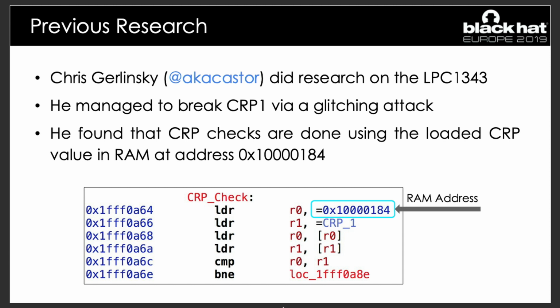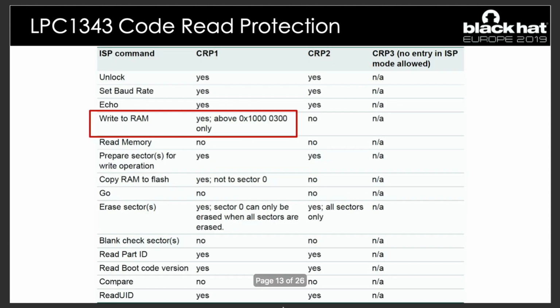Also, Chris found that the code protection, like in any other device, is configured in some area and some address in the flash, and it gets loaded inside the memory address 184, and then it compares this address 184 with the actual configured code protection value to decide if the code protection is enabled or not. So yes, basically this is how it checks.